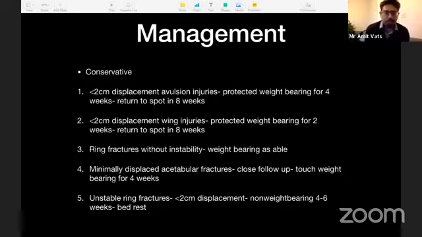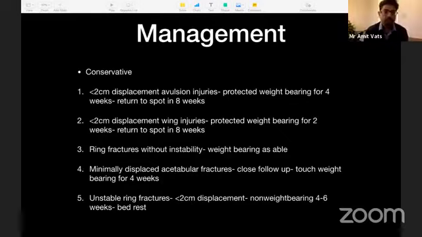Again, management is either conservative or surgical. In the conservative management, if there's less than 2 centimeter displacement of avulsion injuries, these can be managed with protected weight bearing and return to sports in 8 weeks.